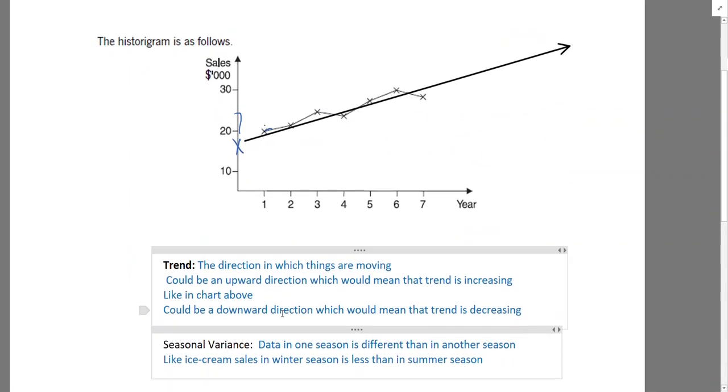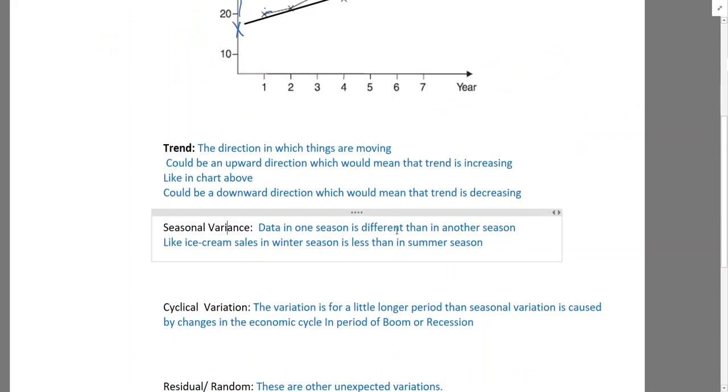A business could be increasing overall, but in some seasons, sales would be lower and in some seasons, sales will be higher. For example, ice cream sales in summer will be higher, in winter lower. Jackets in summer are going to be lower, in winter higher.